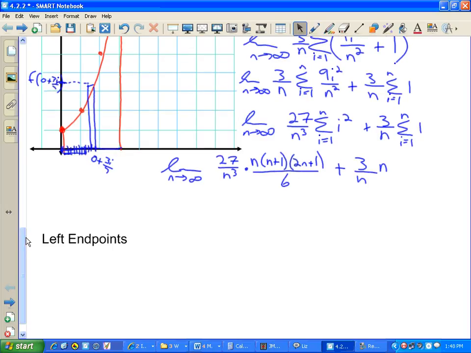Now if I start simplifying, I can reduce the 6 with the 27. Take a 3 out of both, that becomes a 9. This becomes a 2. I'm actually going to multiply this top part out. So here I would have n squared plus n.